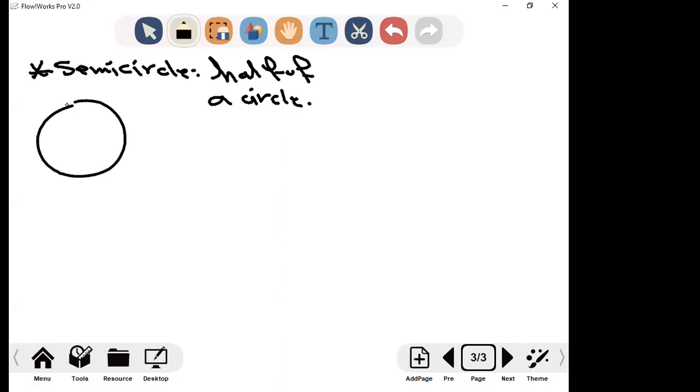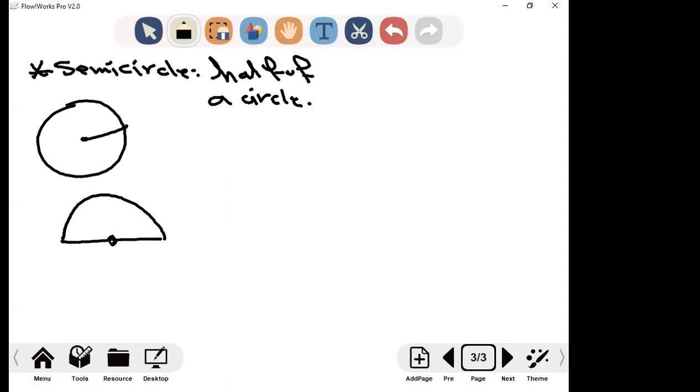This is the circle and this is half of the circle. Semicircle we call it. To know the area of the semicircle we find the area of the circle then divide by what? By 2, half, right?